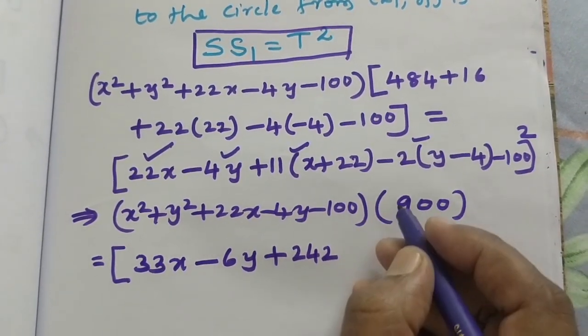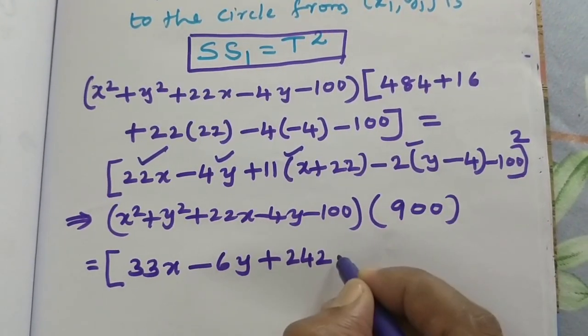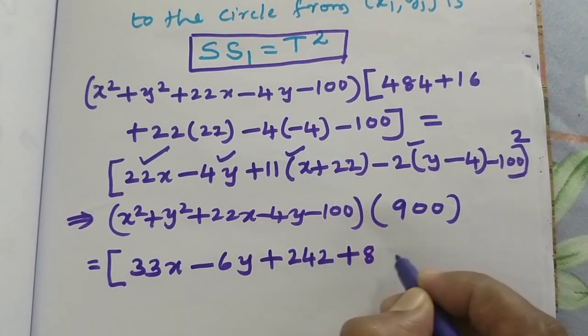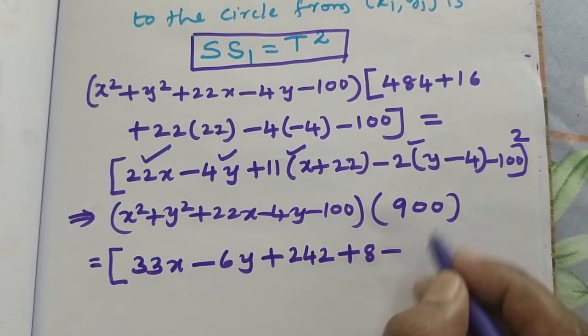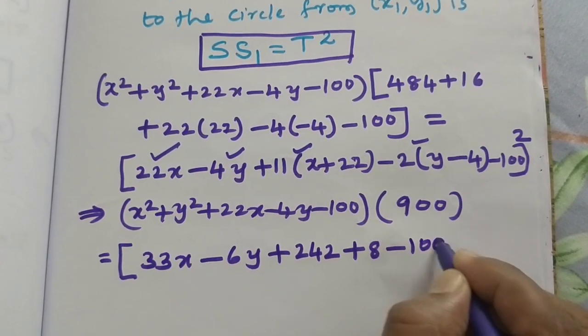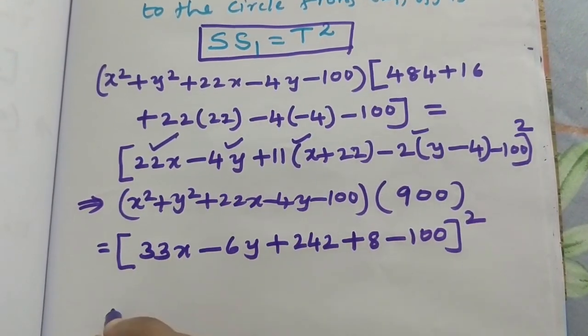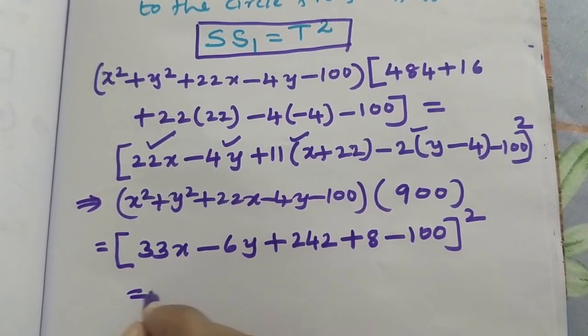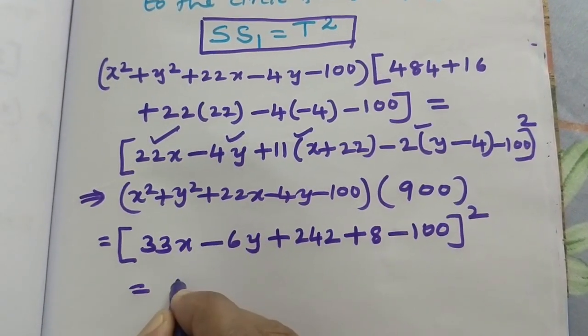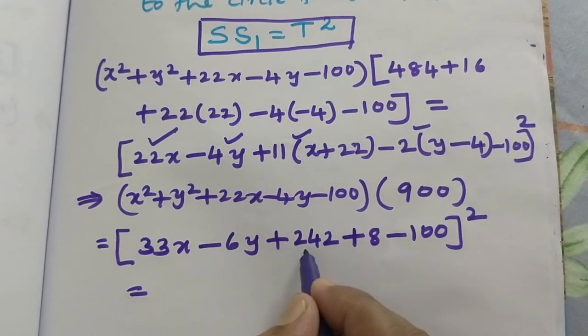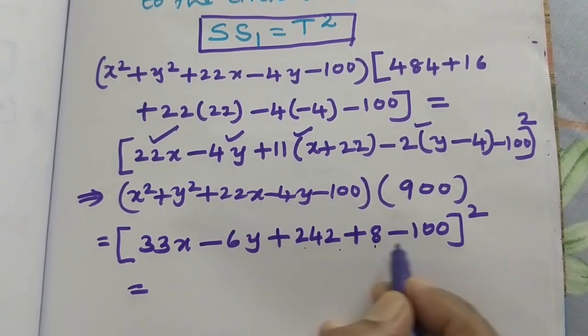Minus 2 into minus 4 is plus 8. This one is minus 100 whole square is equal to, this one how much? 242 plus 8 is 250. 250 minus 100 is 150.